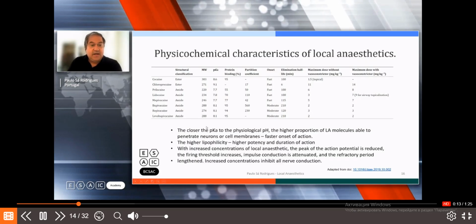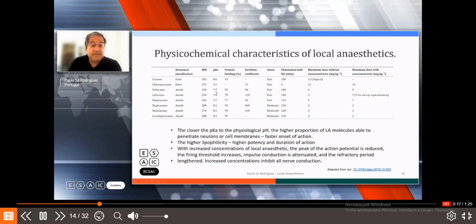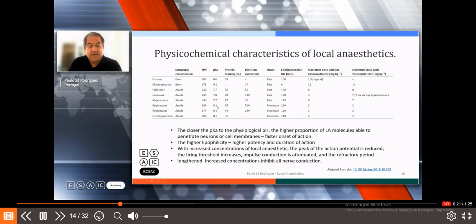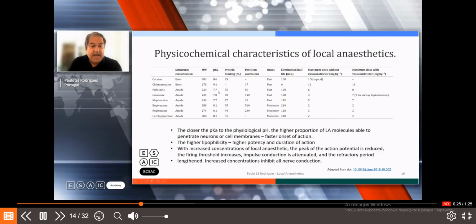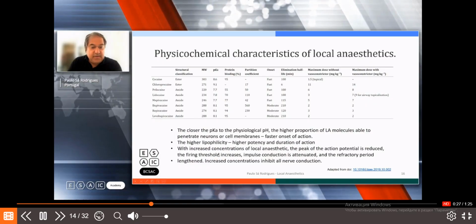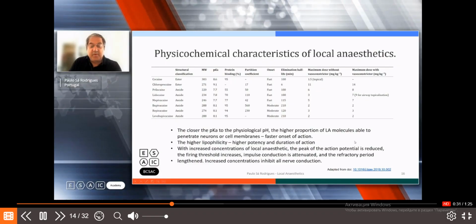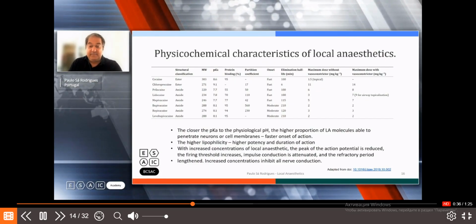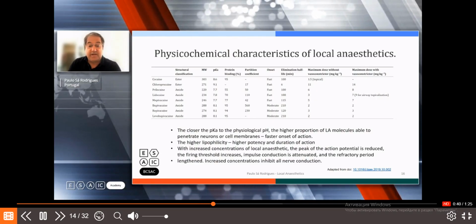You can see here that the pKa of most of the local anesthetics is higher than the physiological pH, and the closer the pKa is to the physiological pH, the higher the proportion of local anesthetic molecules in the basic form able to penetrate neurons or cell membranes.